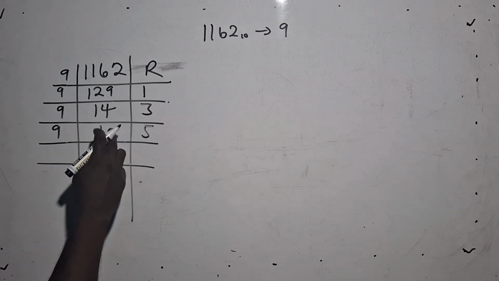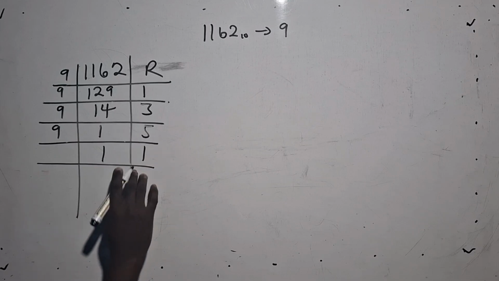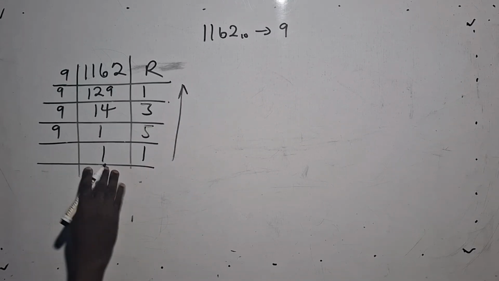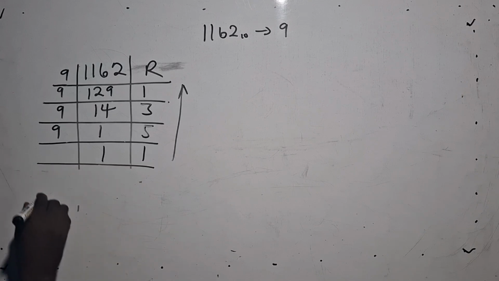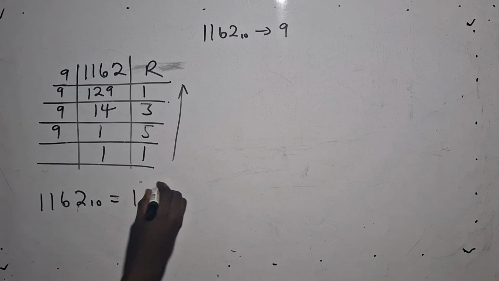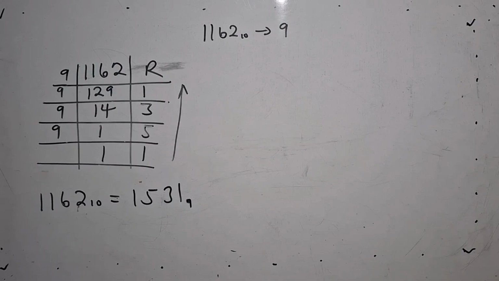And 9 divide 1? No. So I'll bring this remainder down here, then repeat it here. Then I'll write the answers upward. So 1162 will give me 1531 base 9. Yes, 1531 base 9.